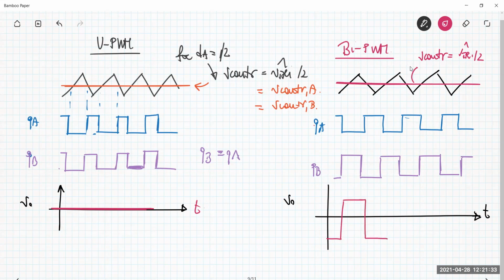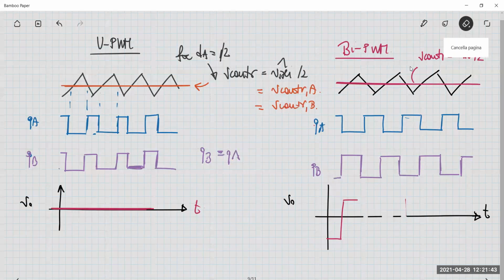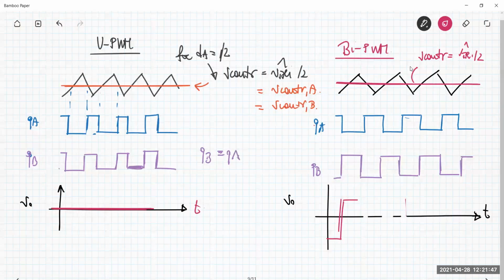It is a square waveform, negative VT to plus VT, and the duty cycle of this waveform is exactly 50%.